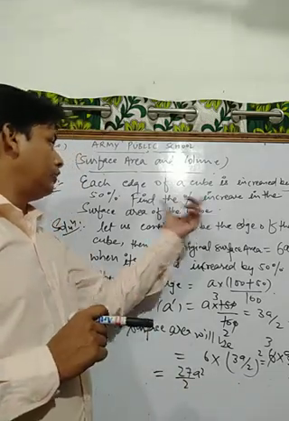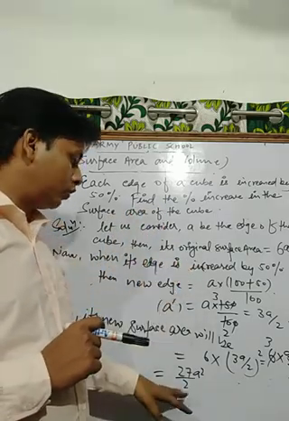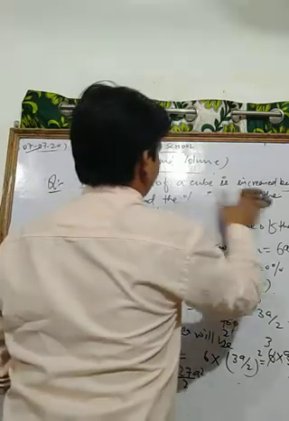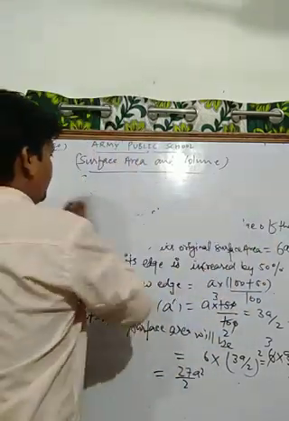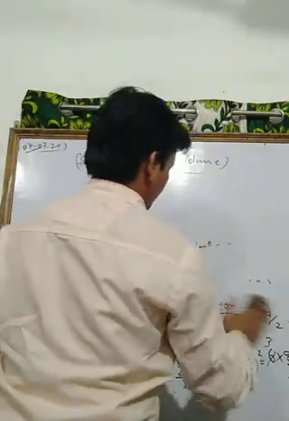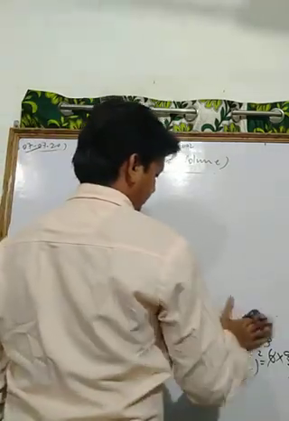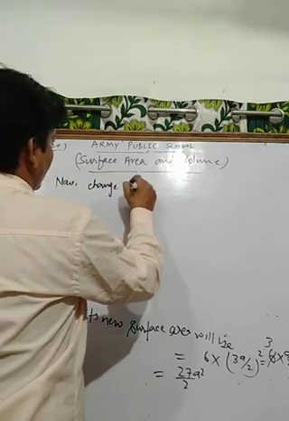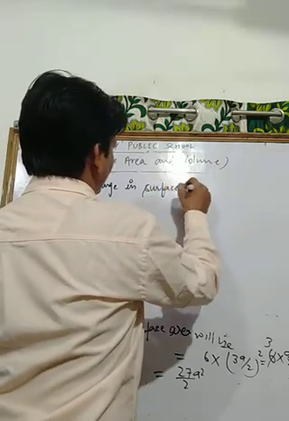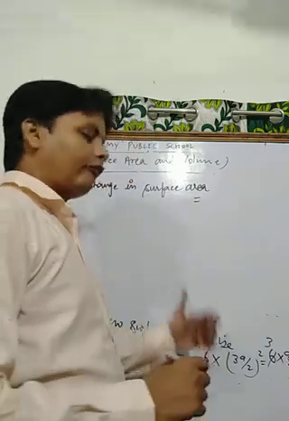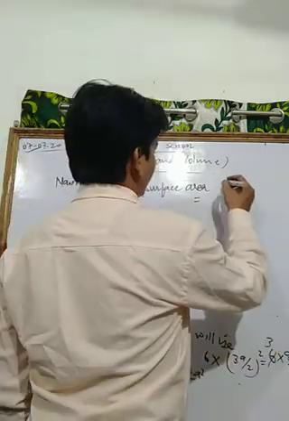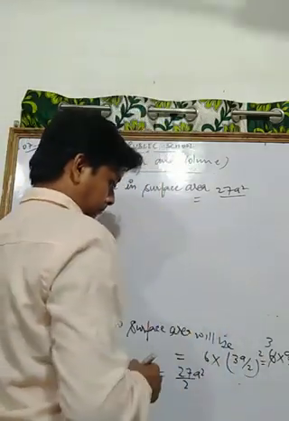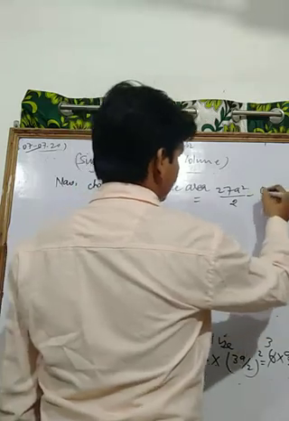Now we find the increase in surface area. The change in surface area is equal to the final surface area minus the initial surface area, that is 27a square by 2 minus 6a square.